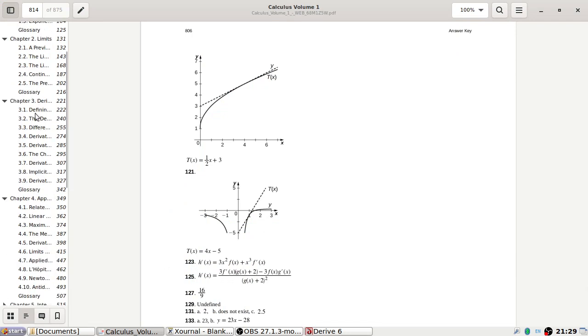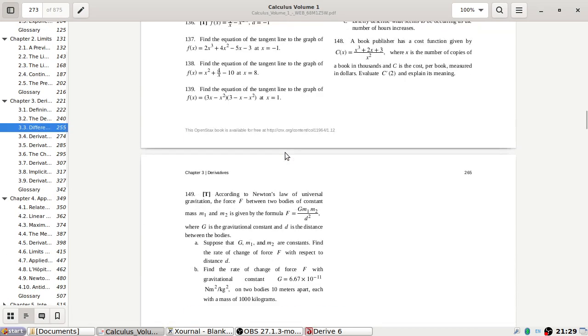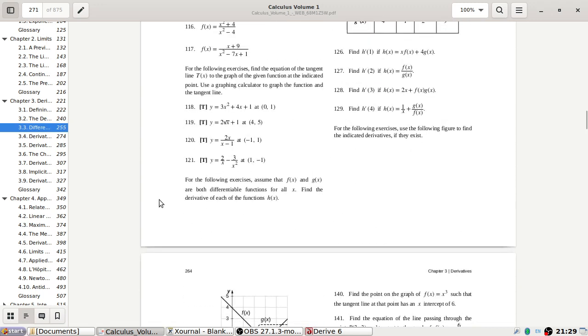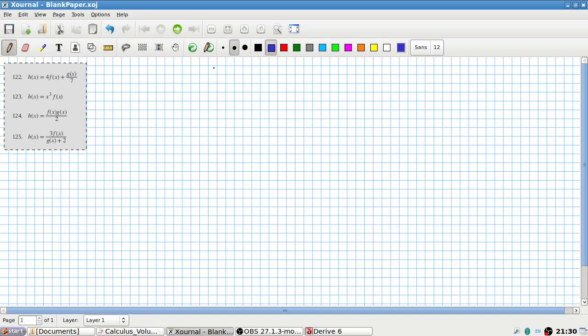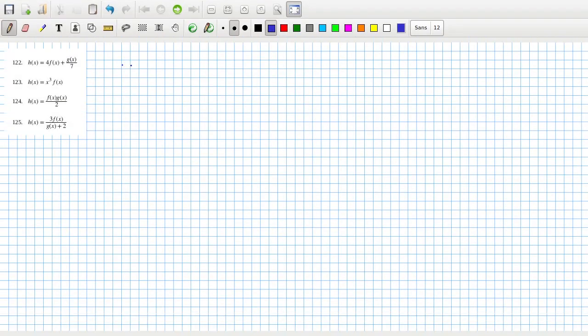Let's have a look at the next one here. So for each of the following exercises, find the derivatives. Okay, should be pretty straightforward now. So the first one, 122, the derivative dy dx will be 4 times the derivative of f plus the derivative of g over 7. 123.